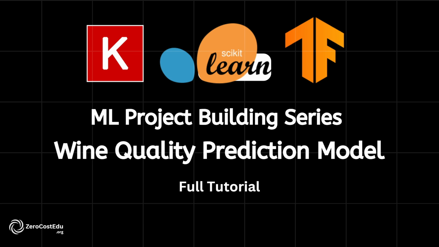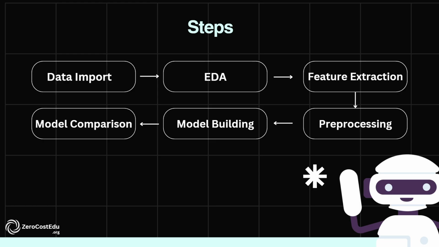So let's start. First, here we have the steps that we're going to follow to build this model. On the previous videos we also used the same kind of steps: data import, EDA, also known as exploratory data analysis, feature extraction, and after that we move on to pre-processing.